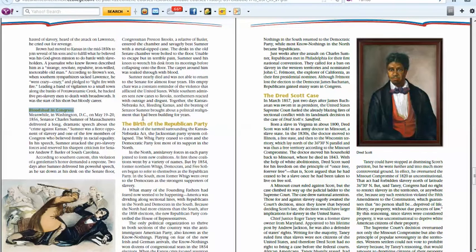And you would find in 1856 that even on the Senate floor, senators would come to blows over the issue itself. In 1856, Senator Charles Sumner of Massachusetts delivered a long, dramatic speech about the crime against Kansas.